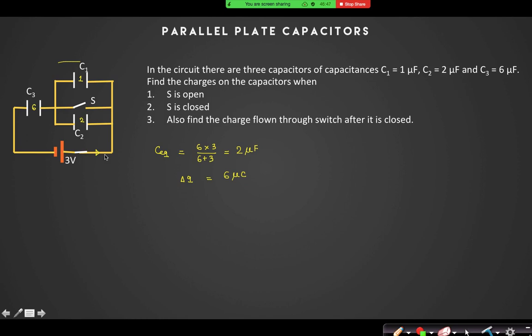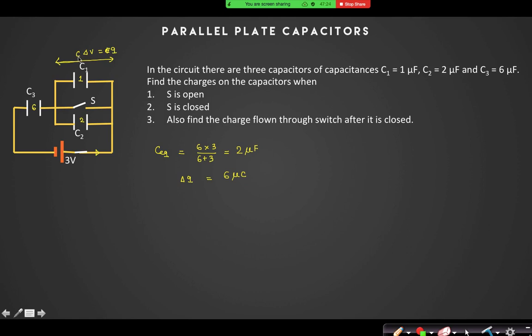Okay, so that 3 volt battery is sending a charge of 6 microcoulomb, right? Now how is this 6 microcoulomb divided between the 1 and 2 microfarad capacitors? The potential difference across these two capacitors remains the same, right? Q equal to CV.